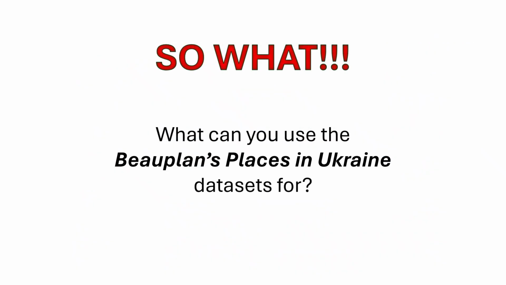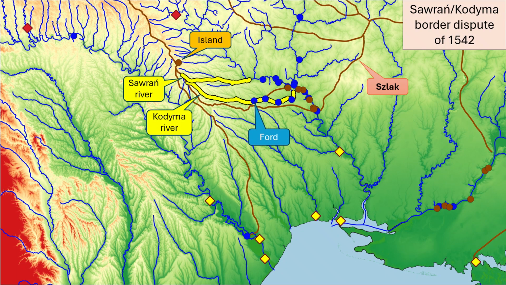That's all well and good, but really, so what? What types of things could you possibly use the Beauplan's Places in Ukraine dataset for? Here is an example of how we used gazetteer data to investigate the causes of the Savran-Koryma border dispute of 1542, which attempted to establish a formal border between Poland, Lithuania, and the Ottoman Empire.